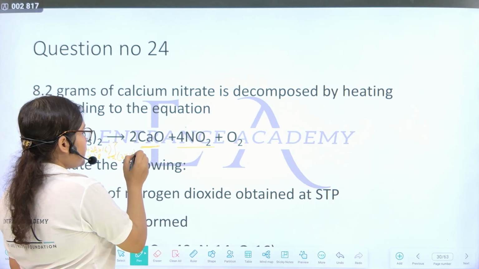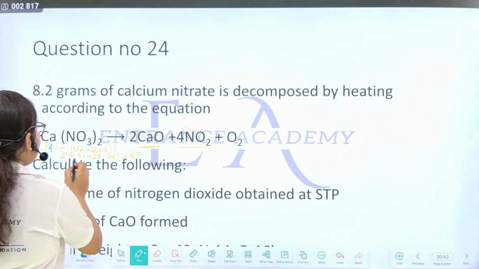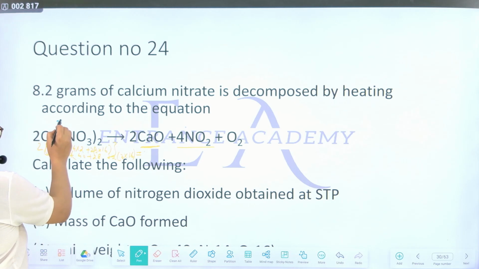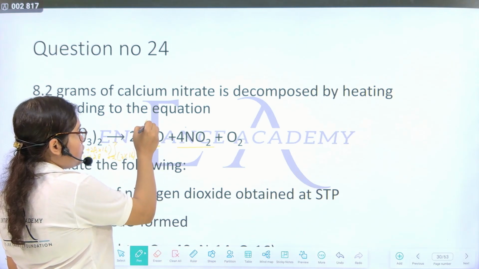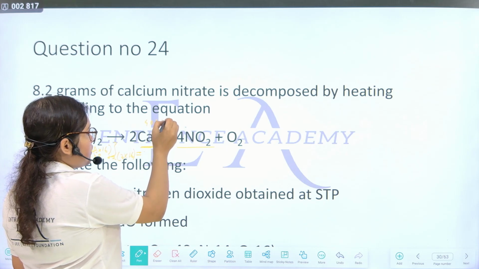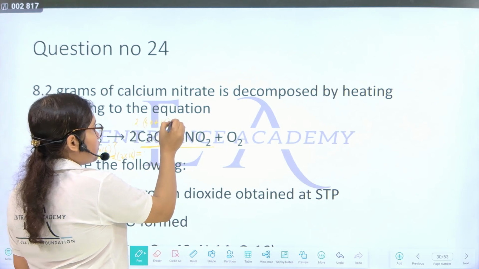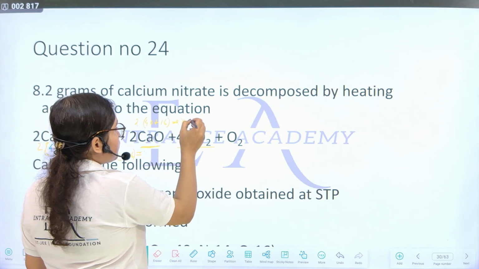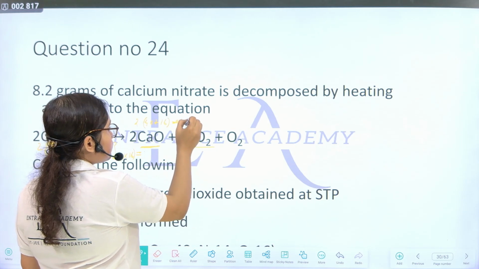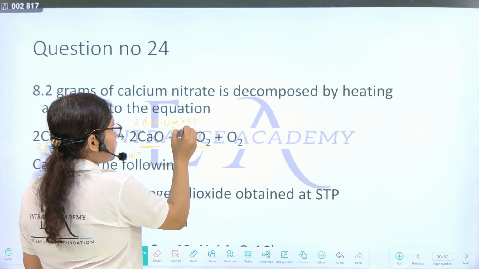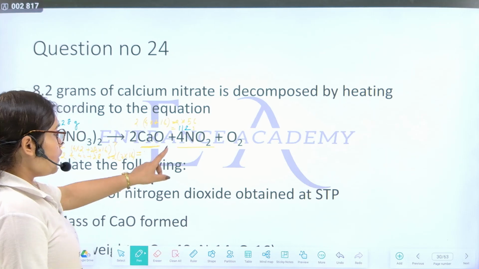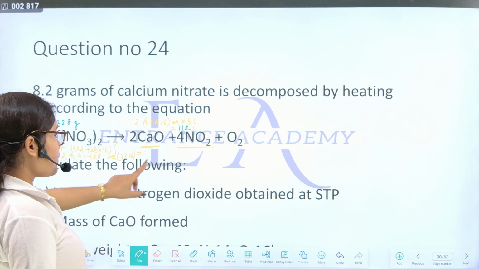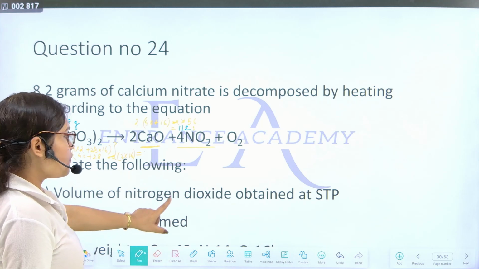So after calculating this, it would be 328 grams. Then calcium oxide, calcium is 40, oxygen is 16. So 40 plus 16 into 2, that is 2 into 56, 112 grams. You don't need to calculate the molecular weight of nitrogen dioxide, just because volume of nitrogen dioxide obtained.